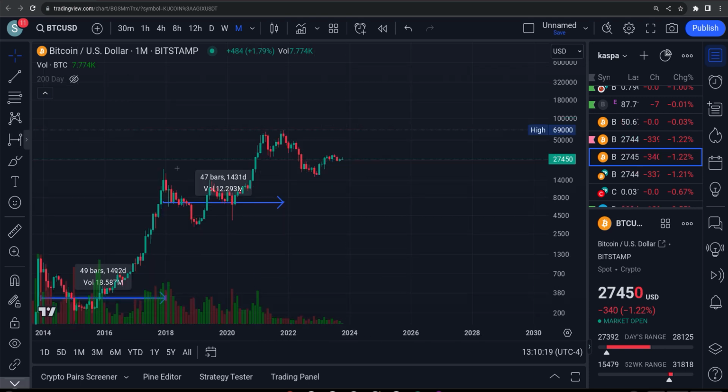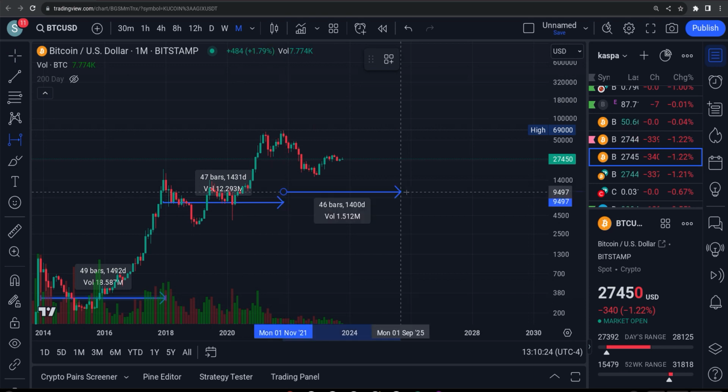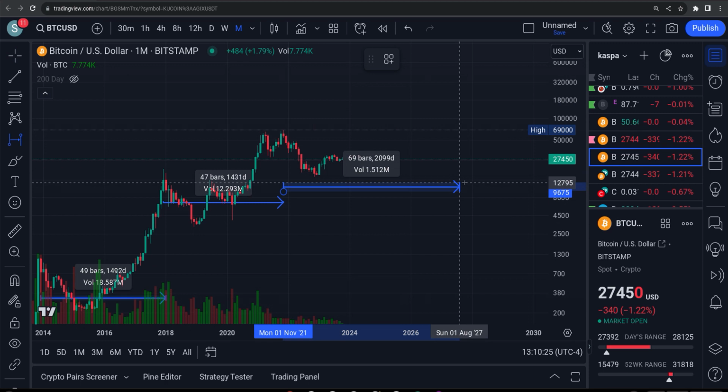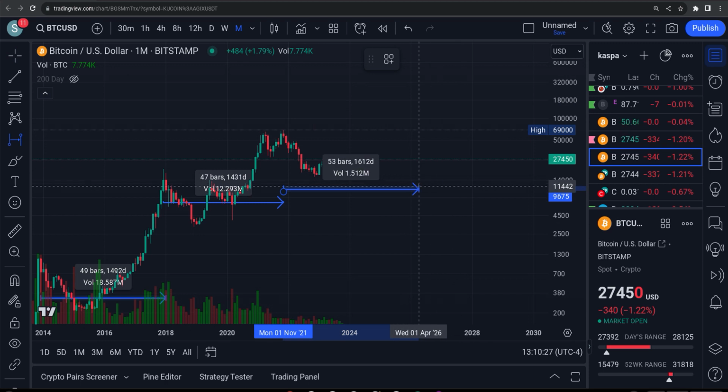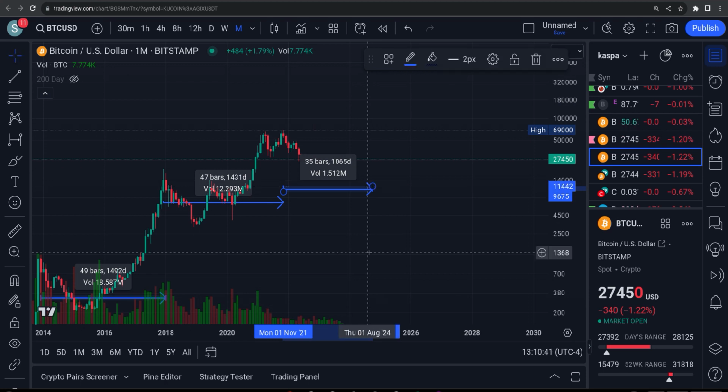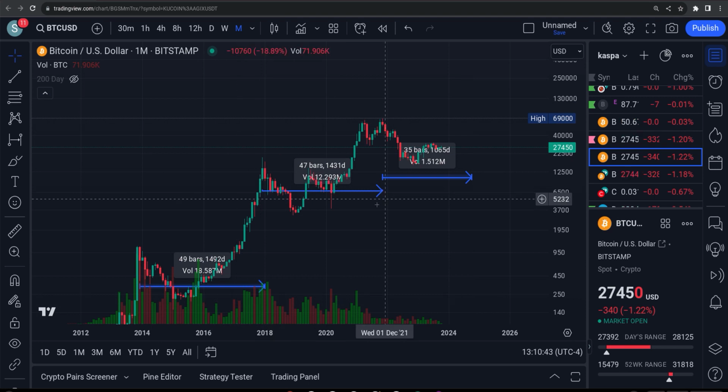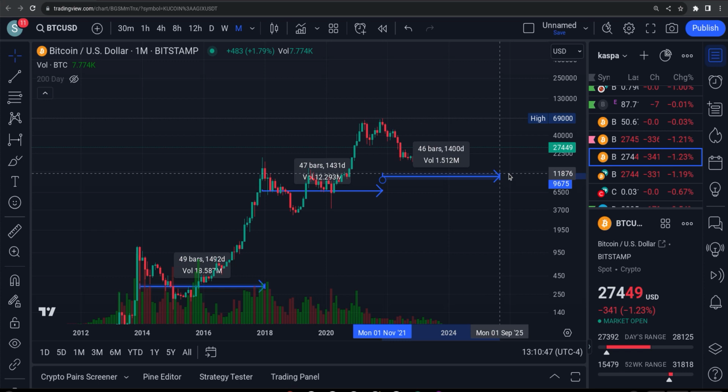So if we go out, say 1450, say 1460, that's November 2025. That was peak to peak. I apologize, this would give this thing the next bull run.